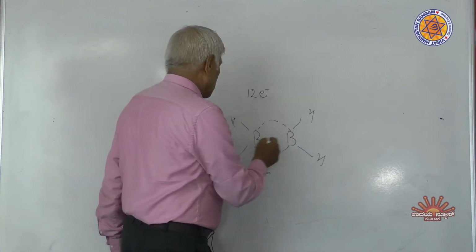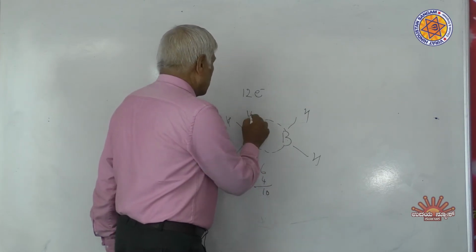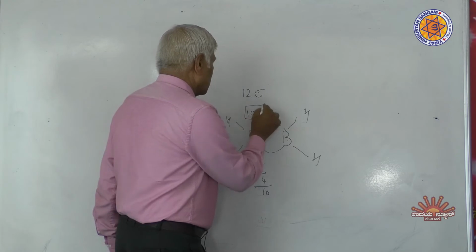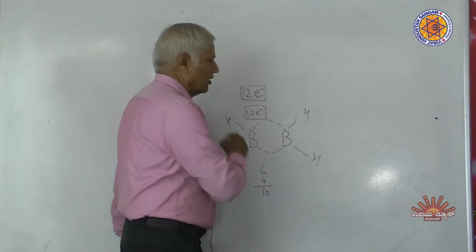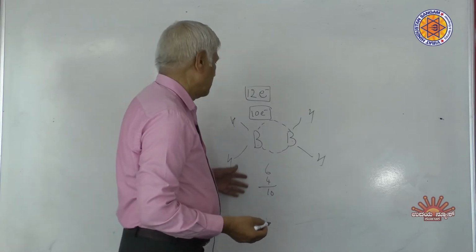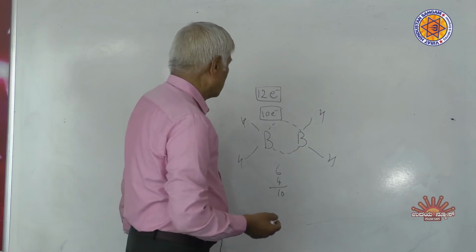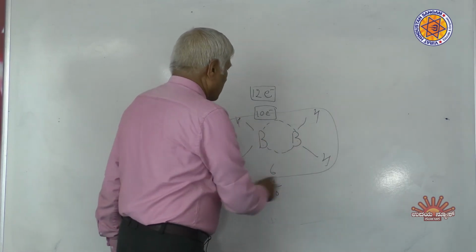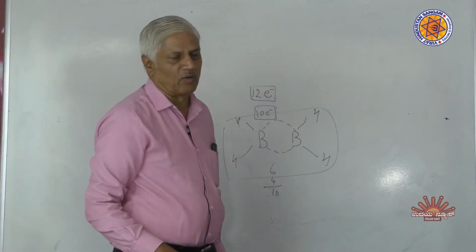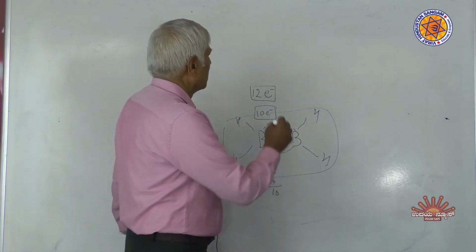Hydrogen atoms put together, 1 each, means 4. So in B2H6 there are only 10 electrons. But we need 12 electrons because there are 6 bonds. But still some bridge bonds are formed. So therefore this compound is an electron deficient compound, containing electrons less than what is required.